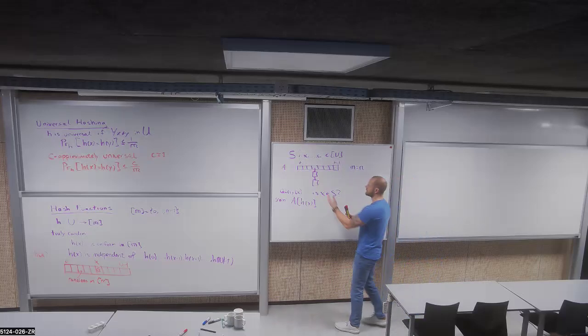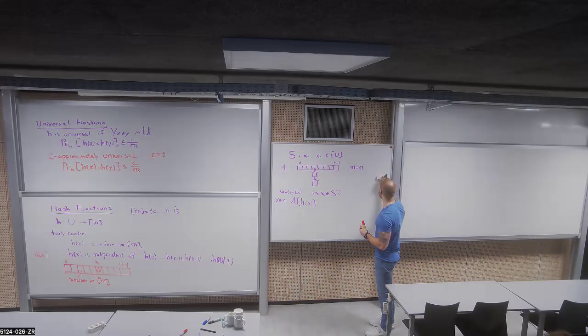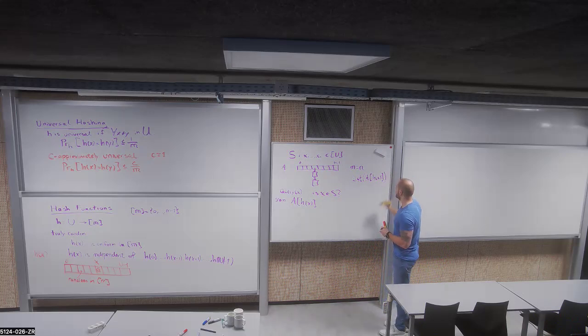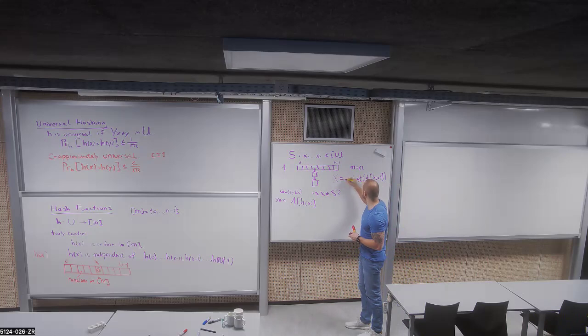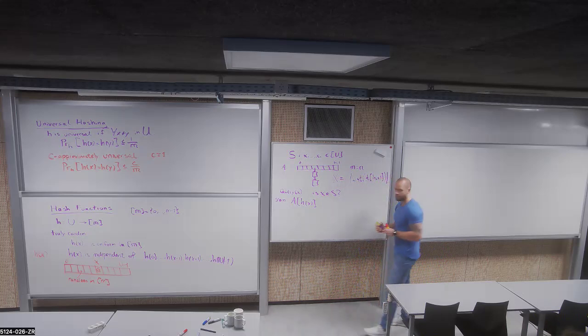The time it takes to answer the query is proportional to the length of the list that you hash to. Maybe we call it, as last time, the list at entry A of hash of x. So maybe we have a random variable X that is the length of this list.